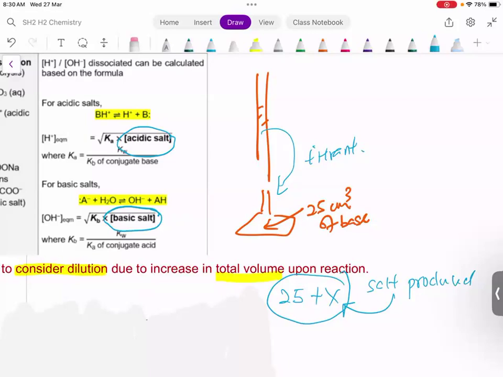Of course, everything is the same. It doesn't matter what the strength of the acid or base is; as long as you carry out a titration, you are increasing the total volume of the mixture. So at the equivalence point, you are able to calculate the total volume and you can calculate the new concentration.